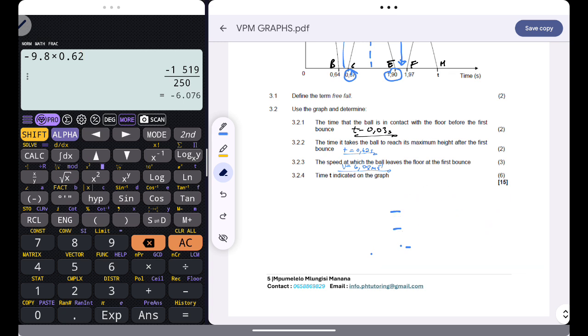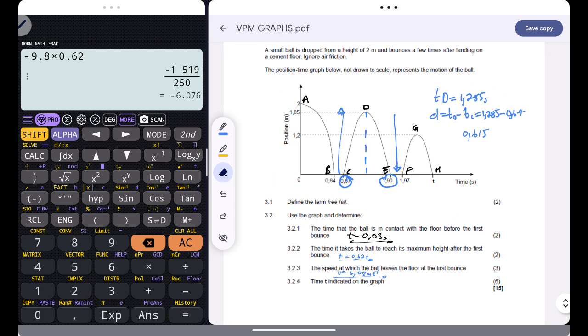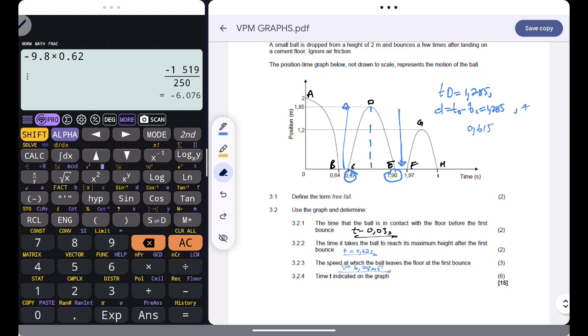Time t, how can I find the t? Okay, let me just erase everything here.